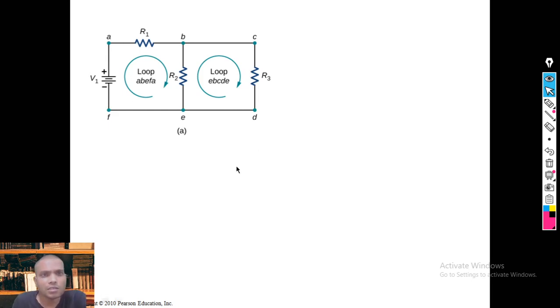Suppose here you can see I have 3 resistors, connected like that. Now I can consider 2 loops. Loop A, B, E, F, A is the first loop.